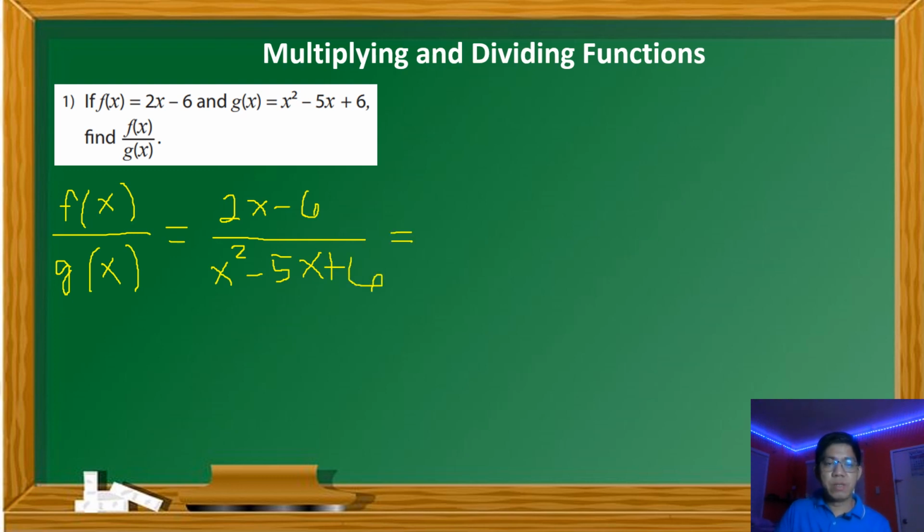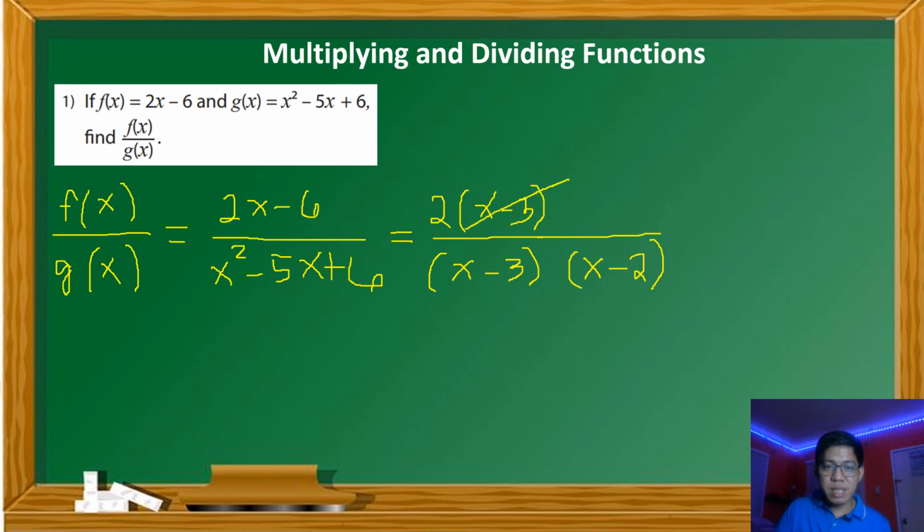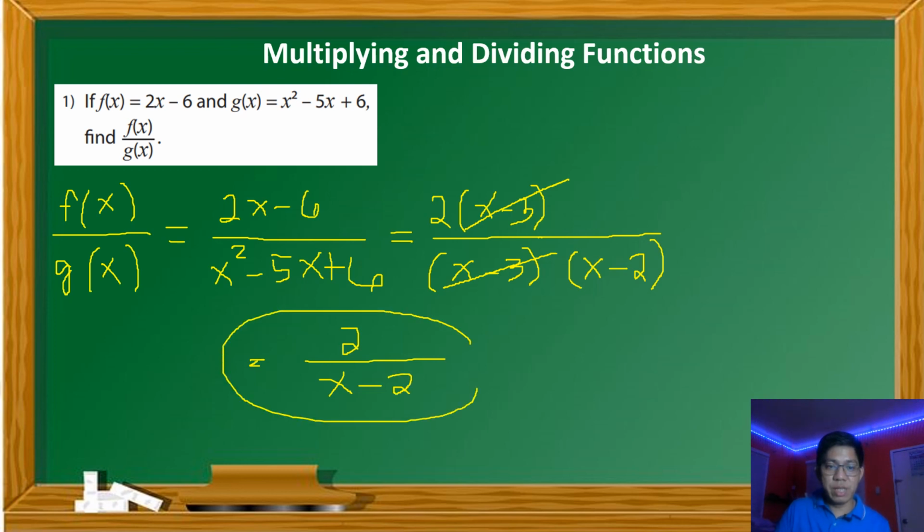So here, meron tayong common factor dito sa 2x minus 6 which is 2 times x minus 3. Factor out lang natin, no? Then ito factorable siya, yung x squared minus 5x plus 6. So ano yung magiging factor niya? X minus 3 times x minus 2. So here, makakancel natin yung x minus 3. So, ang natira na lang dyan is 2 over x minus 2. So, therefore, ito yung sagot natin dyan.